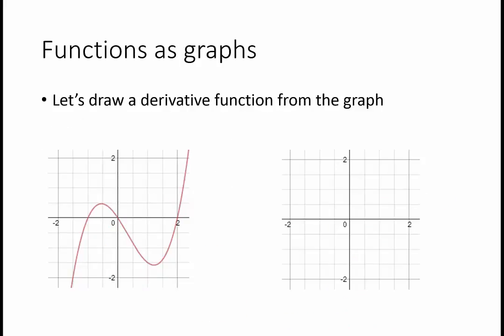Now, other things that you're expected to be able to do with this idea of a derivative is to be able to say, well, what if I am given the graph of a function? Let's call this the function f. Can I draw its derivative, f prime of x, and say, well, what do we have? Well, hey, over here at negative 1, there appears to be a horizontal slope.